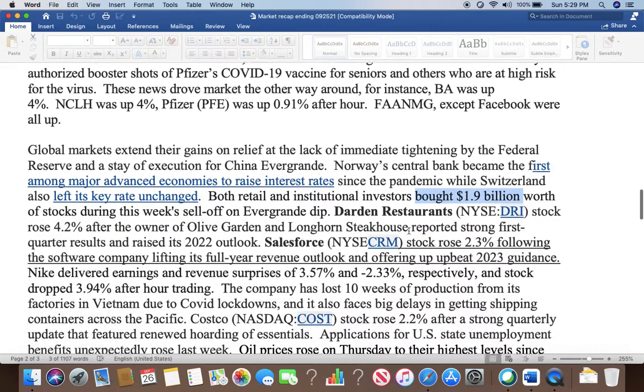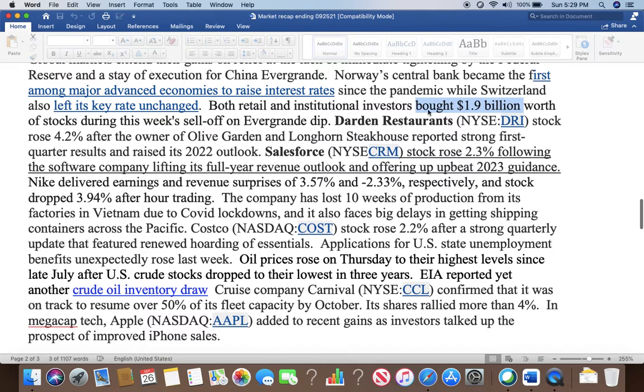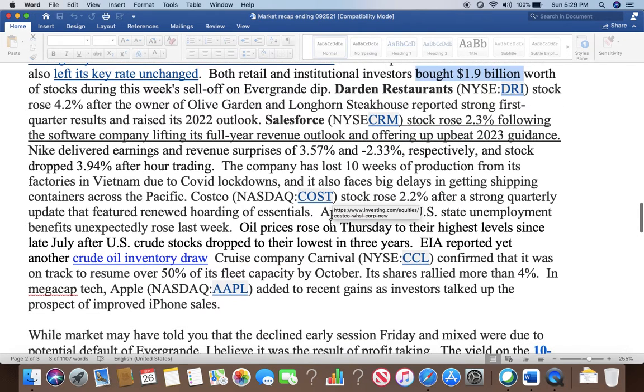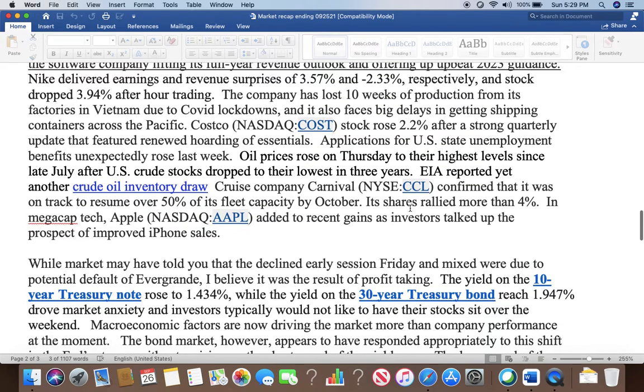In earnings, Darden, the restaurant stock, rose 4.2% after the owner of Olive Garden and Longhorn Steakhouse reported strong first quarter results and raised its 2022 outlook. Salesforce stock rose 3.3% following the software company lifting its full-year revenue outlook and offering upbeat 2023 guidance.